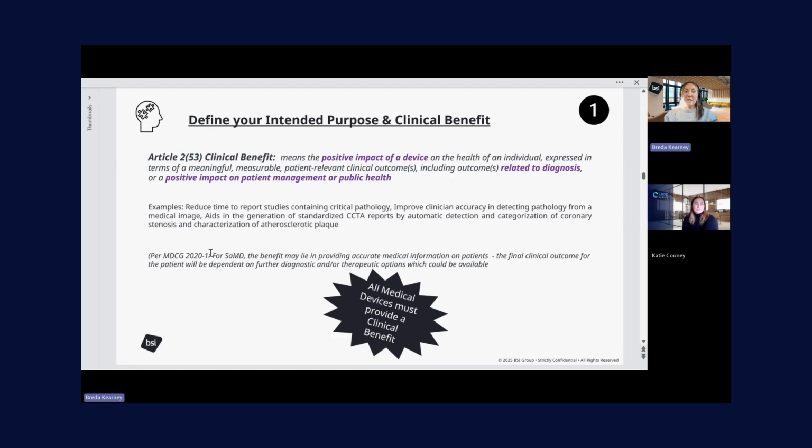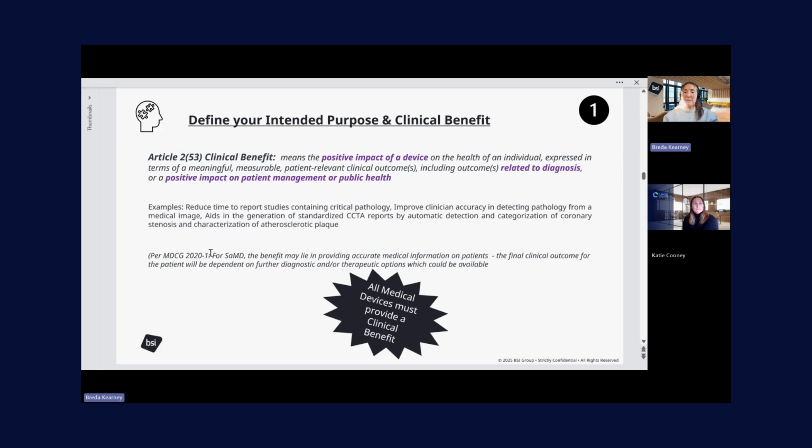The definition for a clinical benefit is the positive impact of the device on the health of an individual, expressed in terms of a meaningful, measurable, patient-relevant clinical outcome, including outcomes related to diagnosis or a positive impact on patient management or public health.